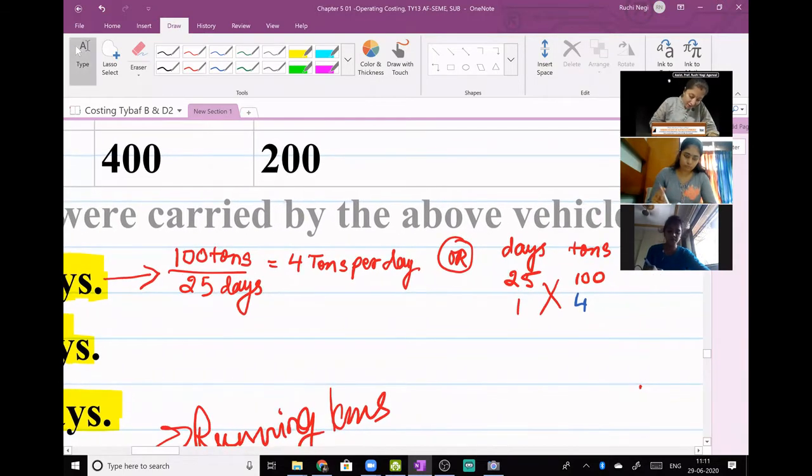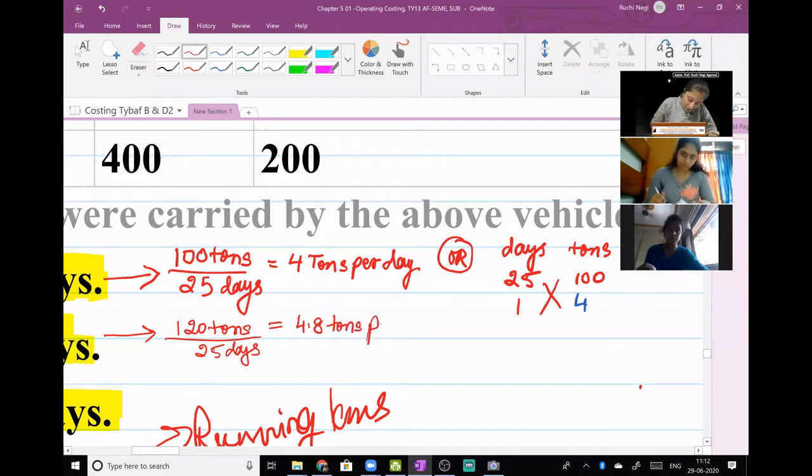Same way for truck B. 120 tons for 25 days. So divide it. I'll get 4.8 tons per day. You can go with the other calculation also, your wish.